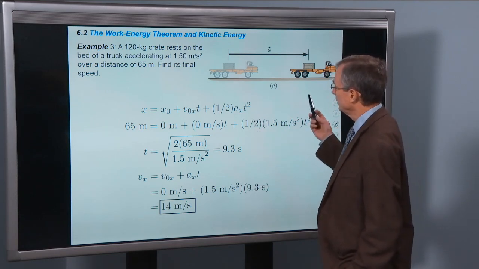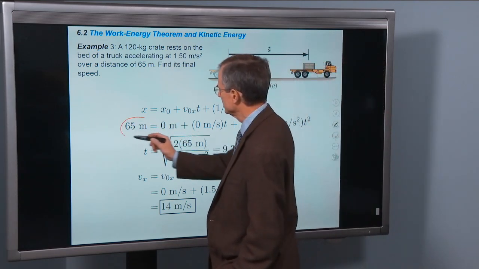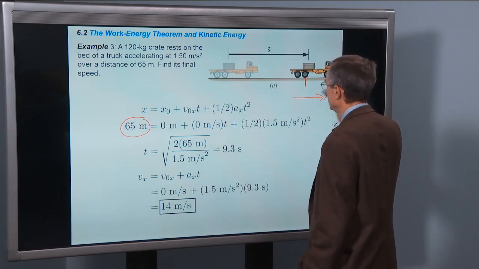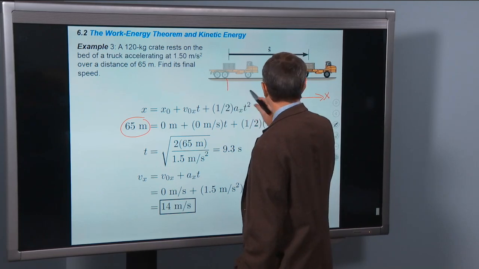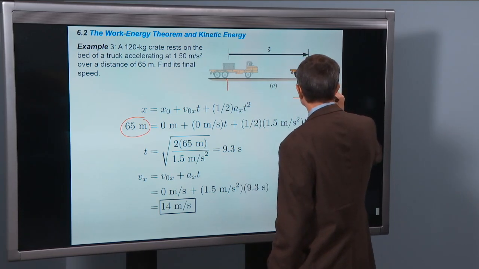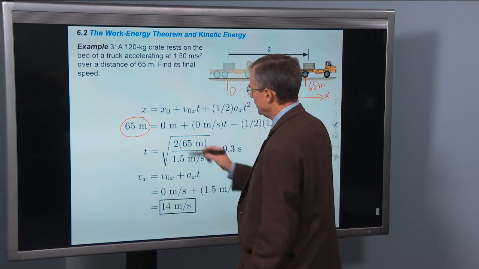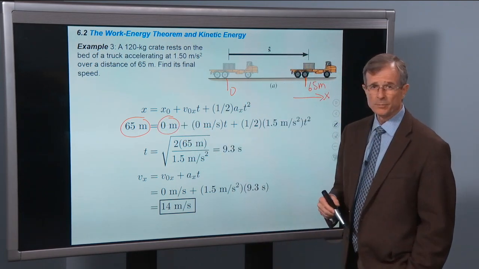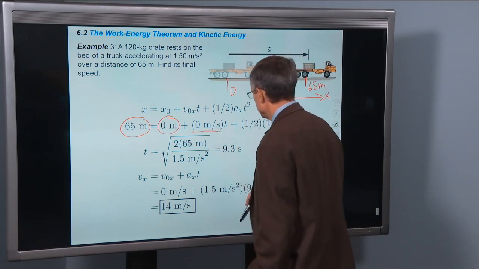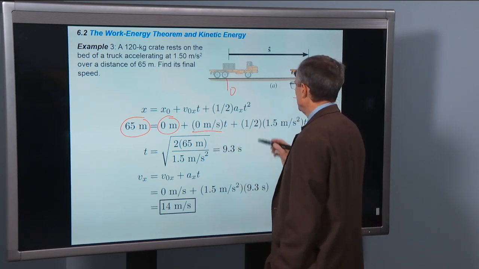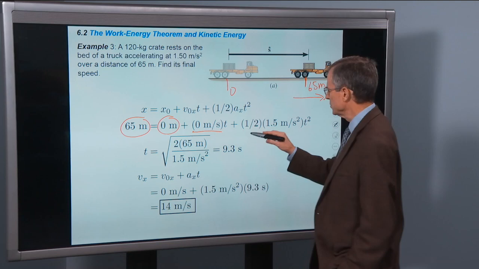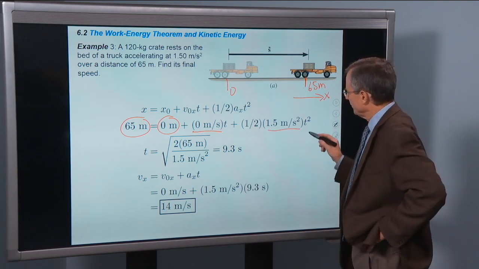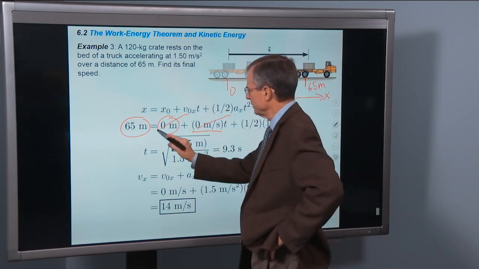The final position is 65 meters. That's the final value of x. So x is in this direction. The initial position is 0 meters. The initial velocity, it's starting from rest. So that's 0 times t, plus 1/2 the acceleration times t squared. Well, this term is 0, this term is 0.